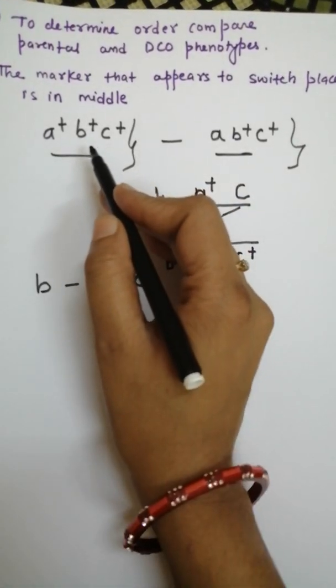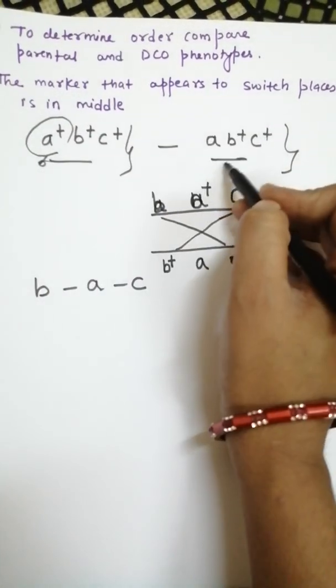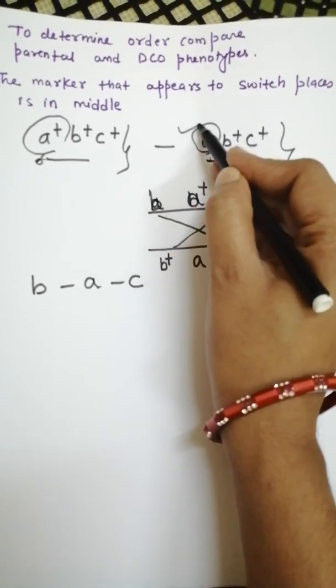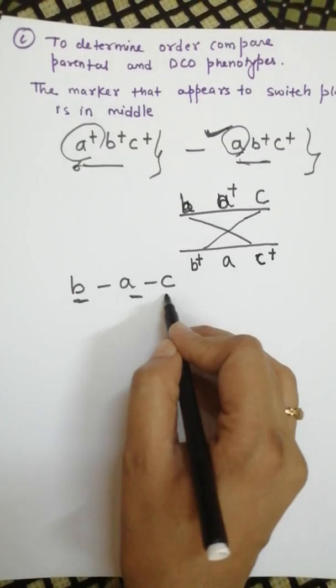This is the middle which is switched here from A plus, this is A, so it should be in the middle place. So the gene order is B, A and C.